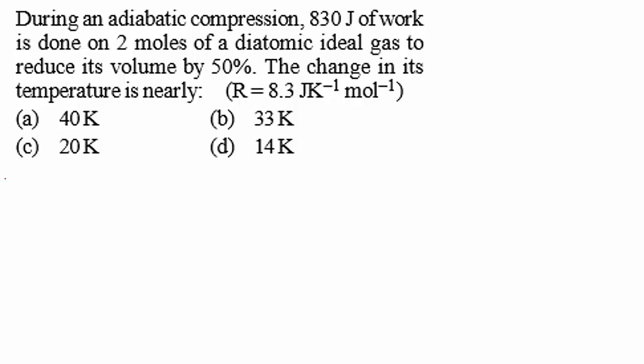First we can write the givens here. Work done is given, W equal to 830 joules. Number of moles of the gas, denoted by the symbol mu, is 2 moles. And for diatomic gas, we know the value of gamma is equal to 1.4.